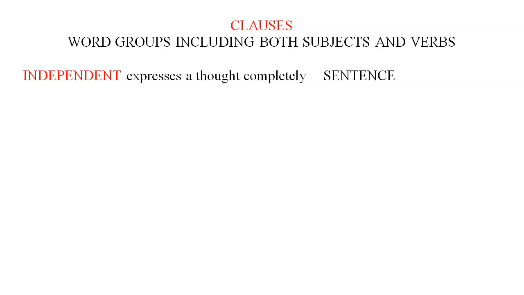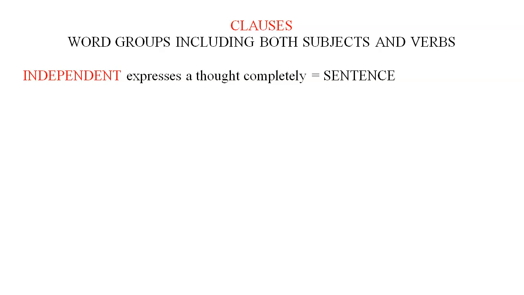As a clause, a sentence includes both a subject and a verb. All sentences, in fact, include both subjects and verbs. And as an independent clause, all sentences express a thought completely. And so you see that every sentence is a clause.